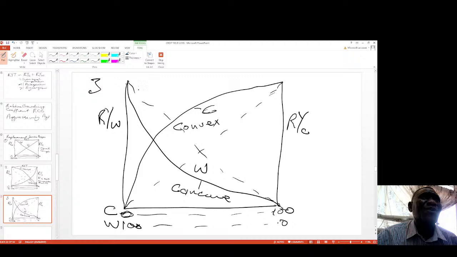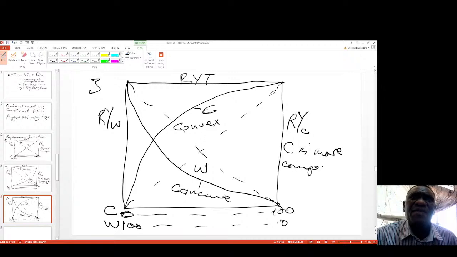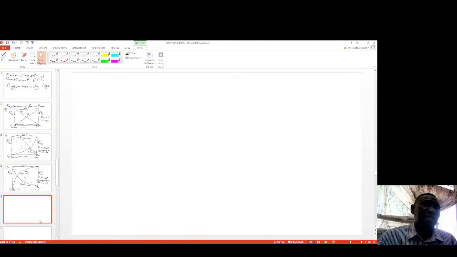And then we will have this is our RYT. So in this scenario, the crop represented by C is more competitive than W. It's a changed scenario. Let's move on to outcome number 4, sorry. Outcome number 4.